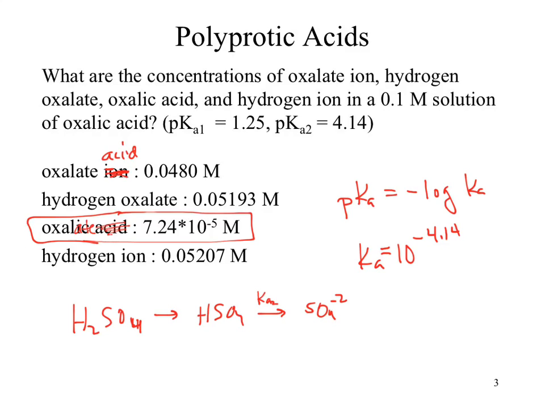Or I could go through and solve all the way from the Ka of step 1 to give me the hydrogen sulfate, to then solve for the sulfate ion using Ka2. What's the concentration of sulfate ion going to be? This is a fun one. Everybody wants to give me a number. Stop giving me numbers. I've actually already given you the answer. What's the answer? Ka2.